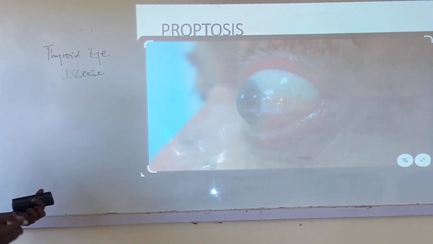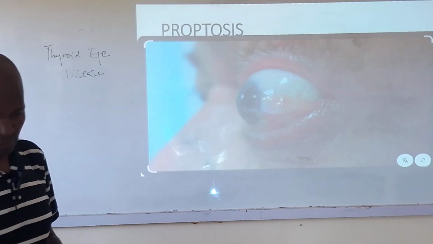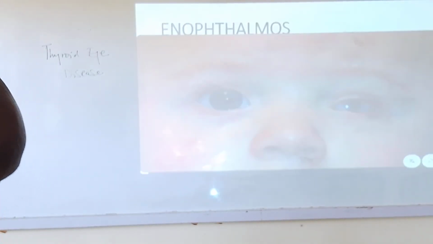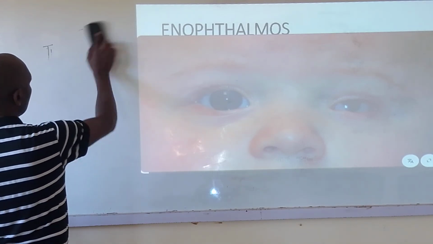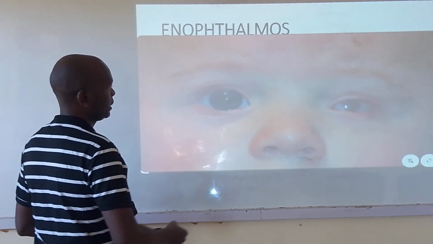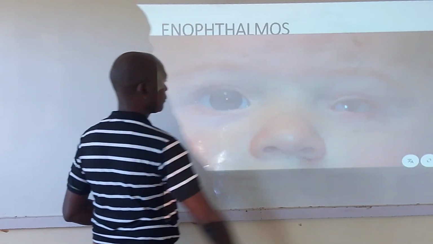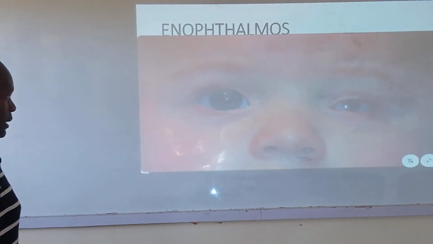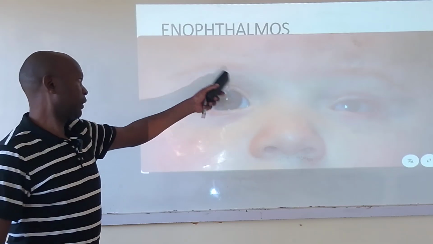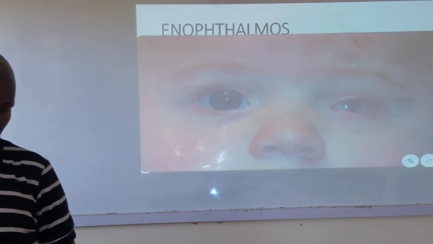That is proptosis. Enophthalmos, we said, is the sinking of the eyeball into the socket. And this is an example here. When you look at this eye here, it has sunk into the socket compared to the normal one here. So that is enophthalmos.